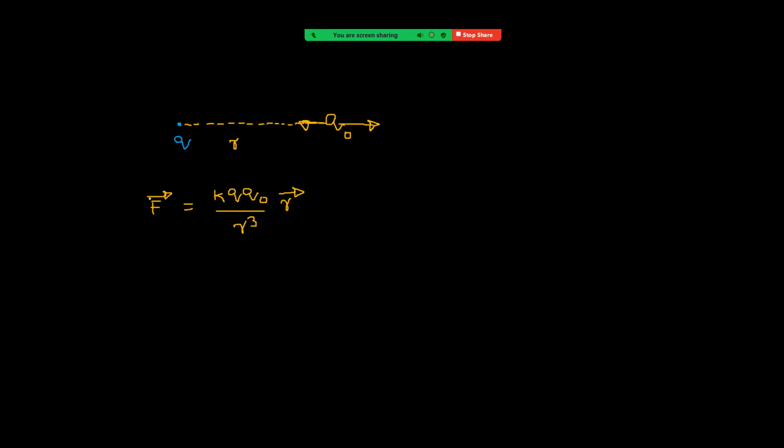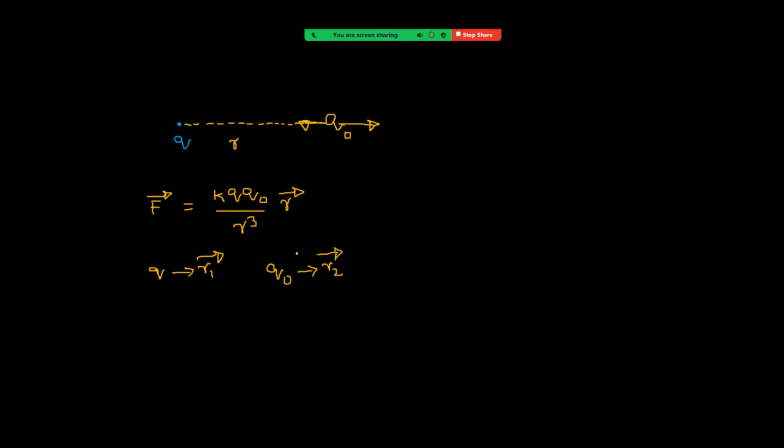That means when we are taking force in vector form, we have to substitute charges along with the sign when we are writing vector form. That means if you are given the position vector of Q and the position vector of Q naught, then R bar will be, let us take the position vector of Q as R1 bar and the position vector of Q naught as R2 bar.